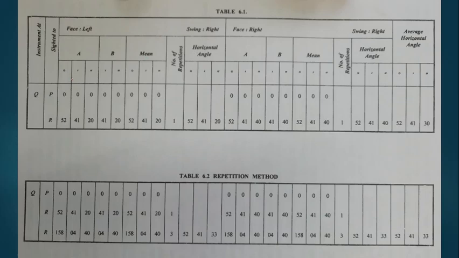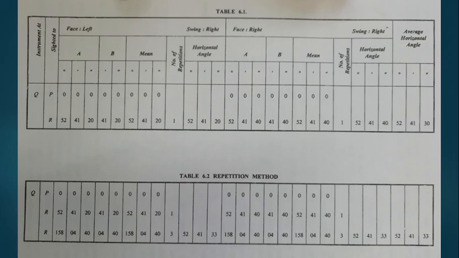And the mean of vernier A and B is again degrees, minutes and seconds. And there will be a column for number of repetition, and here we must write 1, 2, 3 and so on. Generally it is used for the repetition method, otherwise you can simply write 1 and proceed. And then the horizontal angle. The method of repetition I will explain in detail. For the time being, this horizontal angle is just the mean only.